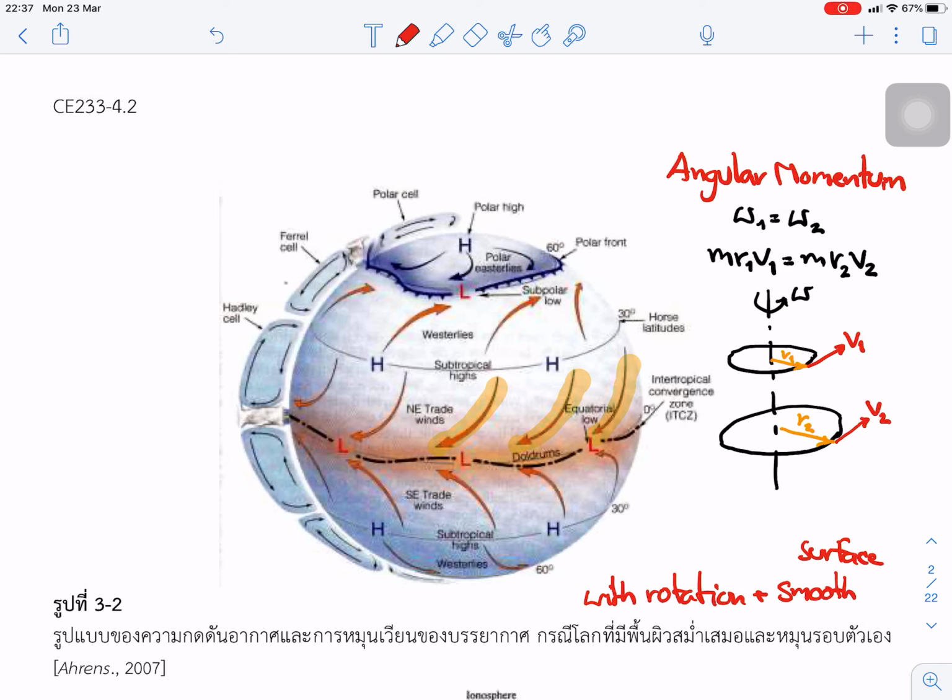At the same time, it is moving from the North Pole to the equator with velocity u. Because R2 is greater than R1, based on the conservation of angular momentum, with the same mass, V2 is less than V1.